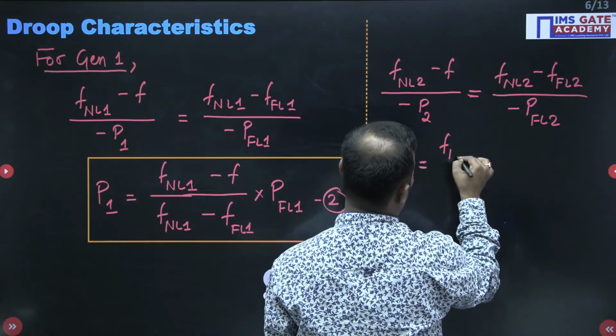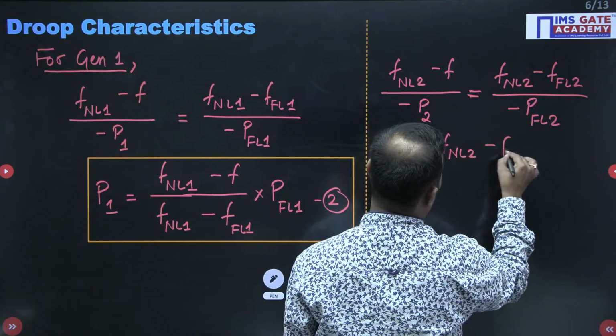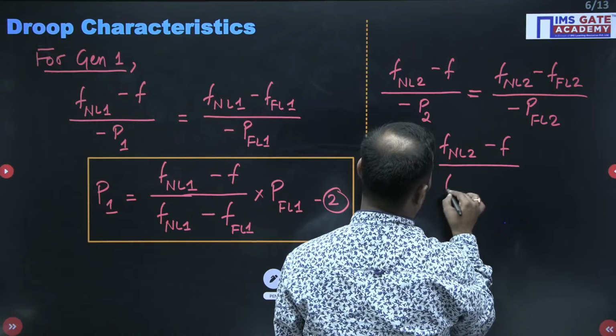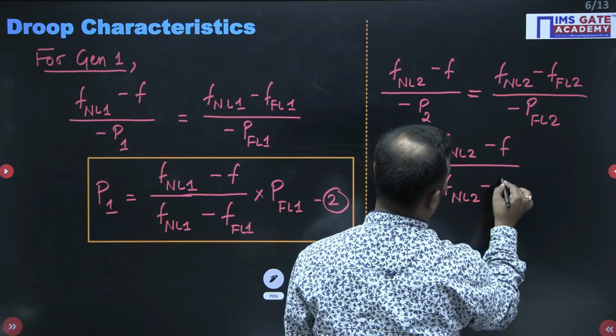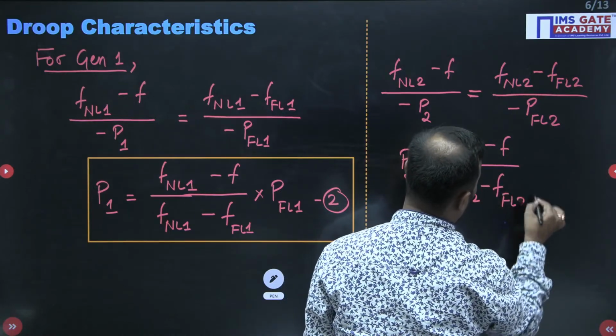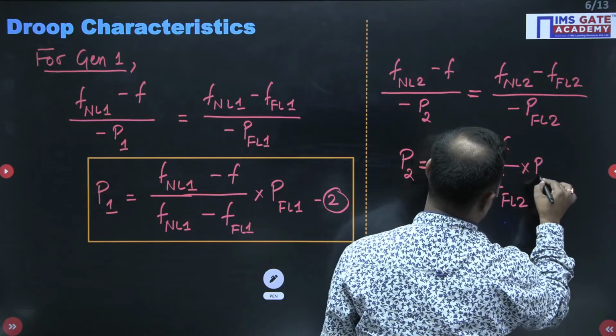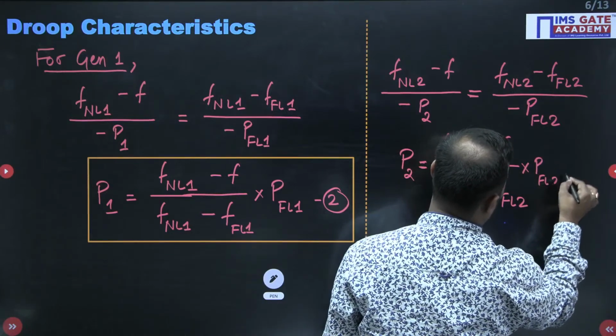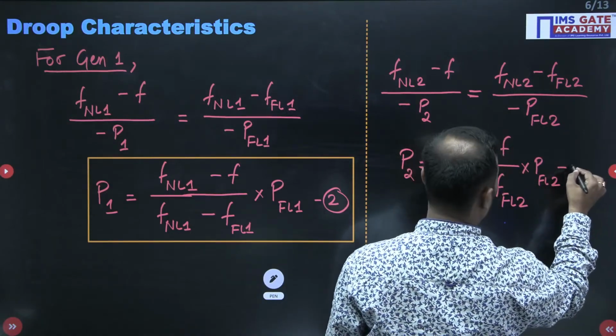Now from here I can get the P2 expression. So P2 is F no load 2 minus F divided by F no load 2 minus F full load 2, into P full load 2. Let me take this as equation 3.